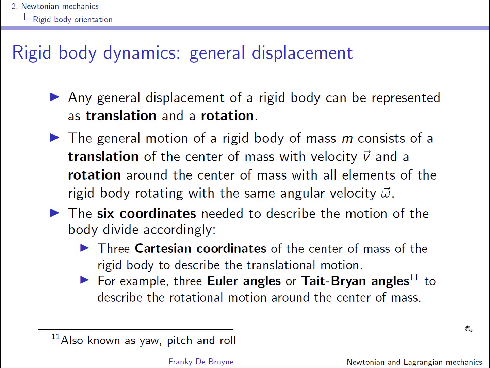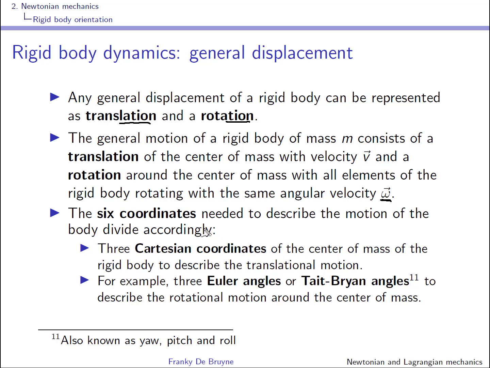Okay, as I said before, any general displacement of a rigid body can be represented as translation and rotation, right? So translation of the center of mass with velocity vector v. This is what was shown in the previous slide with this blue line with arrow. And then rotation around the center of mass with the angular velocity vector omega.